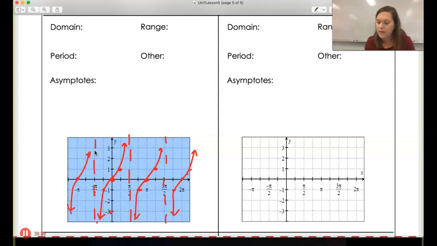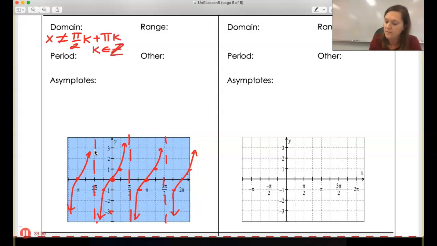There we go. So my domain gets a little bit funky here because we're undefined at every 1/2 pi, right? So how do we write that out? So x cannot equal 1/2 pi plus pi times some integer k, where k is in the integers.